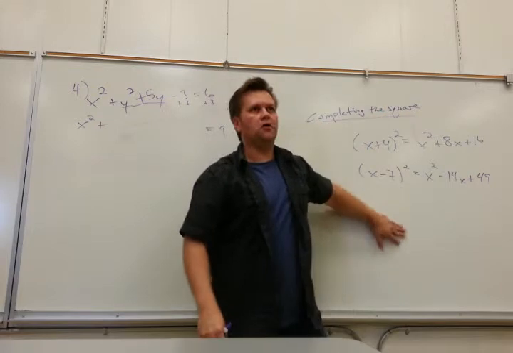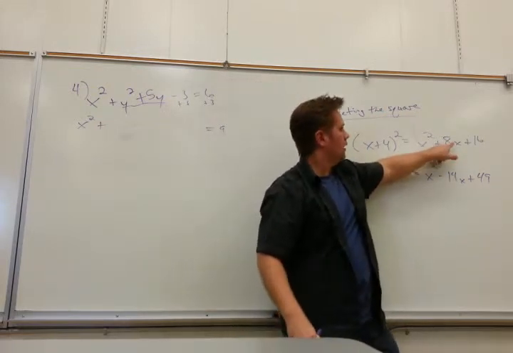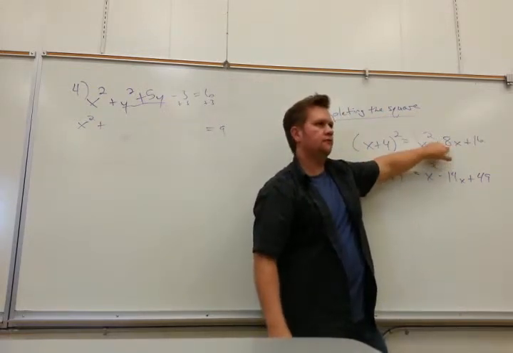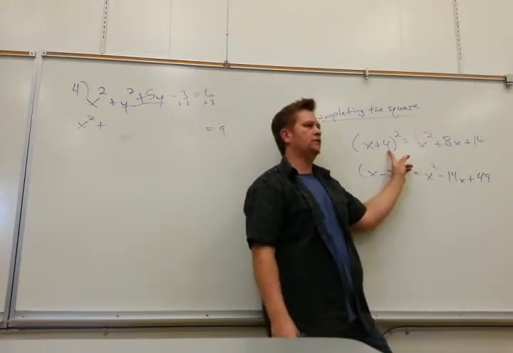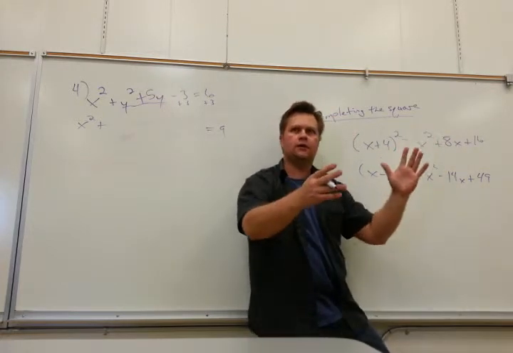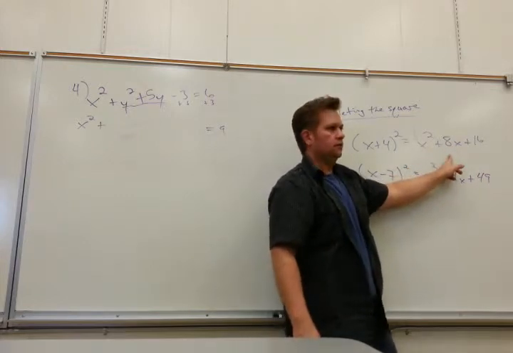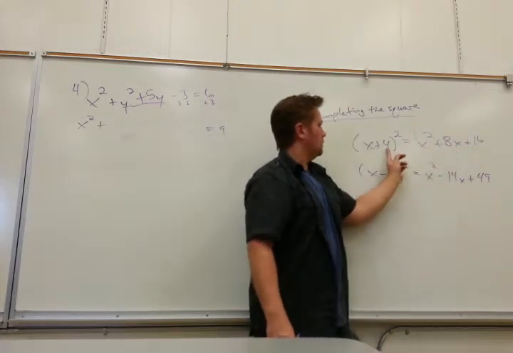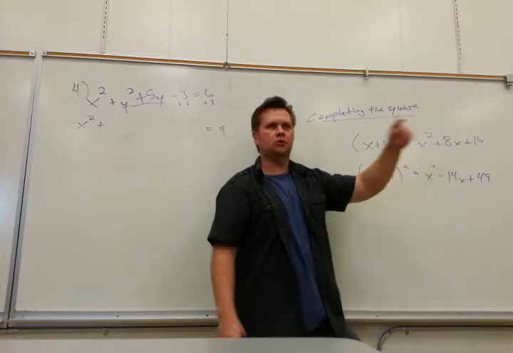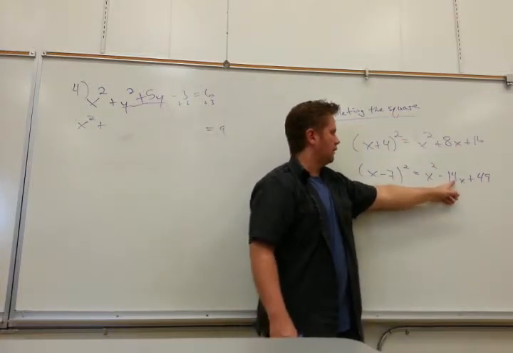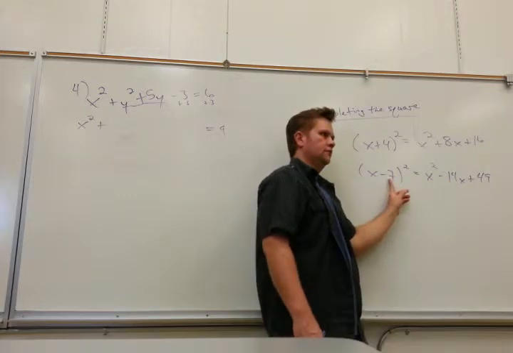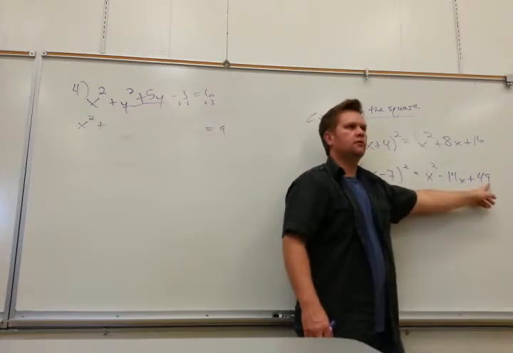And I could just keep going all day, but what's half of 8? Which of course is this, which only makes sense because the middle term comes from adding this to itself because it shows up twice. And what's 4 squared? 16, which makes sense because that's exactly how I got 16, multiplying the L from FOIL, right? And again, the same thing here: half of negative 14 is negative 7. Negative 7 squared is 49.